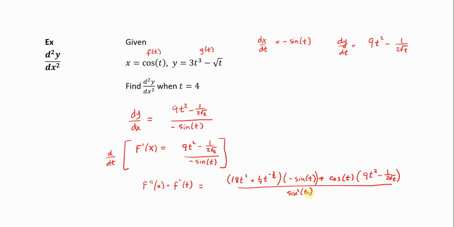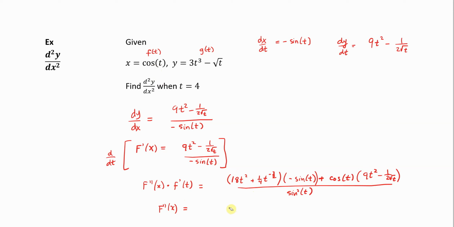Okay? Then I have to go one step further, dividing both sides by little f prime of t. So I get f double prime of x is equal to this big mess over here divided by little f prime. Now, little f prime, mercifully, is just the derivative of cosine, so that's negative sine.